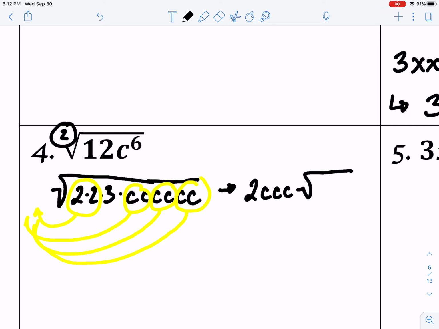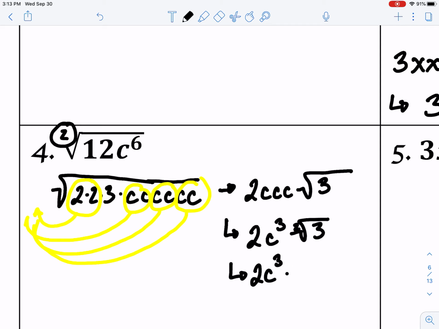Whatever's left over, which is a 3. 2c cubed times square root of 3. And then I'm going to change whatever's left inside the radical to a rational exponent. Remember, if you don't see anything on the shelf, it's a 2. So 2 times c cubed times 3 to the 1/3.